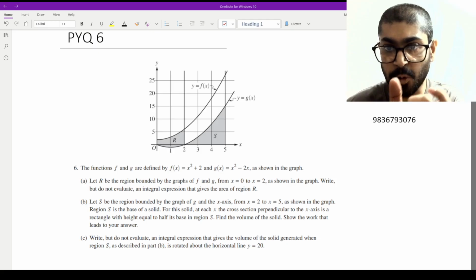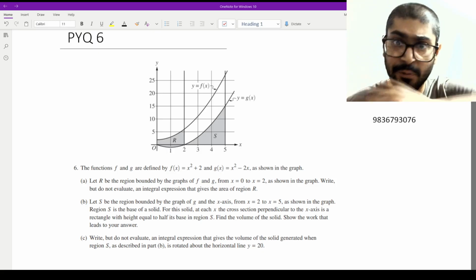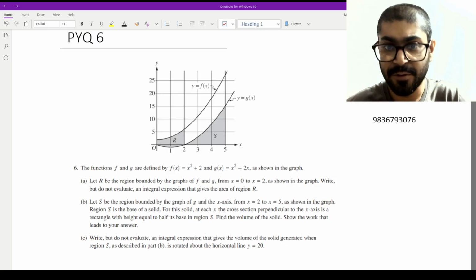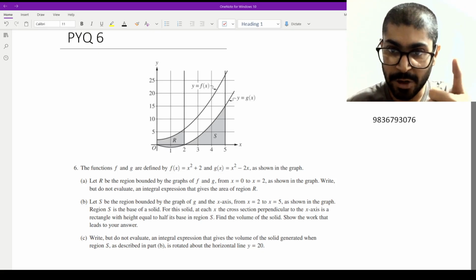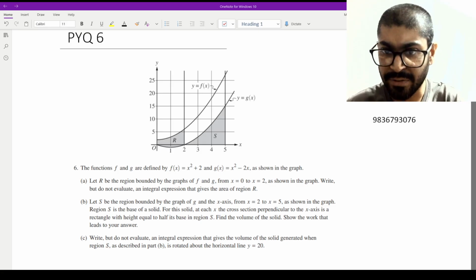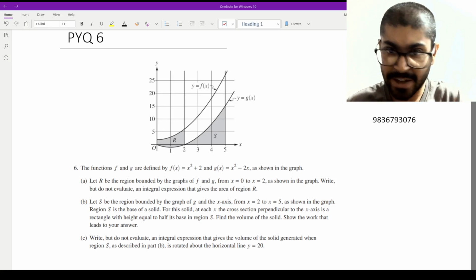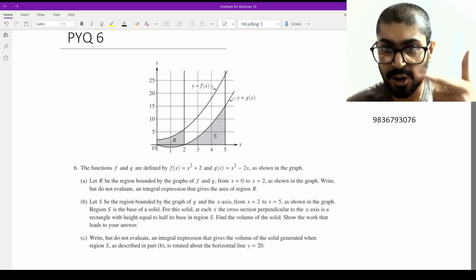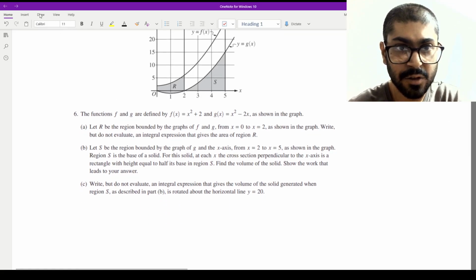Between the portion where y equal to g(x) was in the fourth quadrant, we do not have to calculate, we just have to give the integral that represents the area of the region R. Now I told you, f(x) is always positive because it's x squared plus 2, and g(x) is x squared minus 2x. So f(x) will always be greater than g(x) in the interval 0 to 2, as is evident from the graph. Therefore we can easily solve the first part.